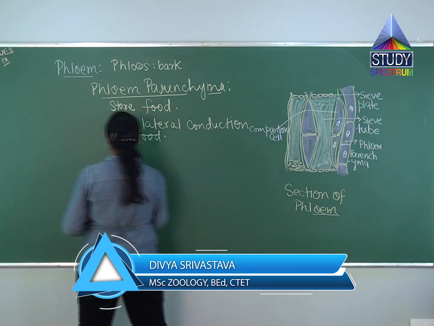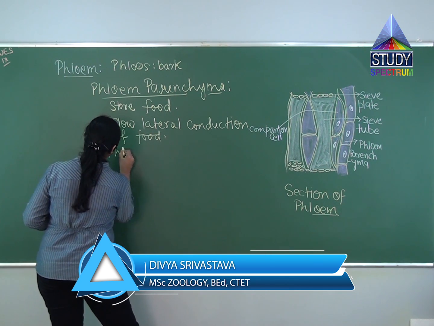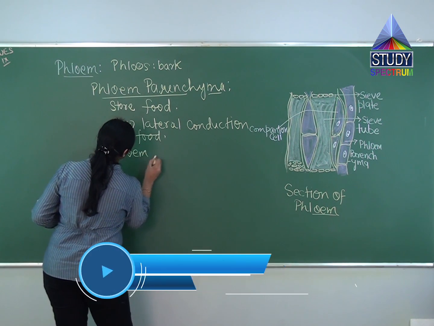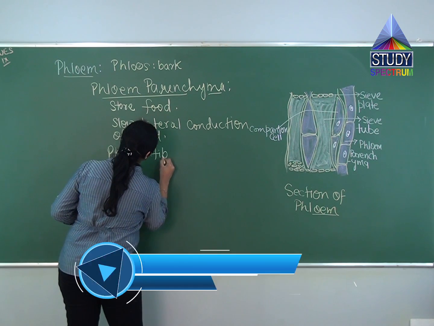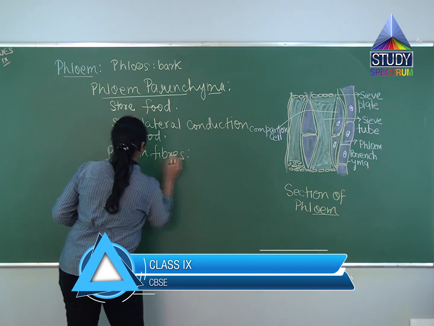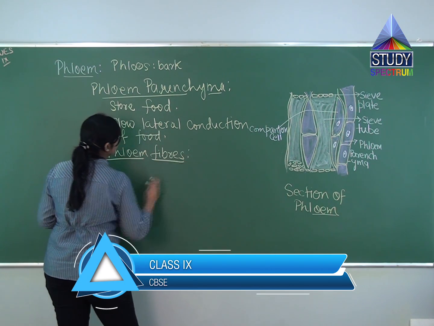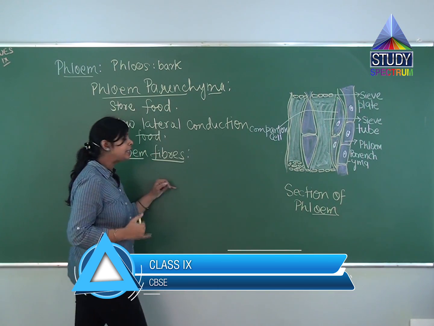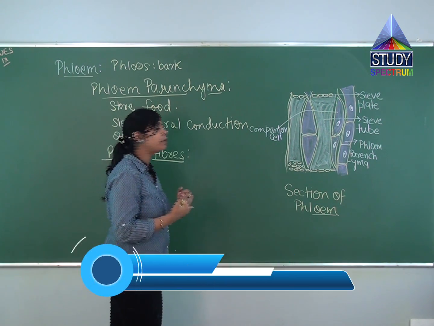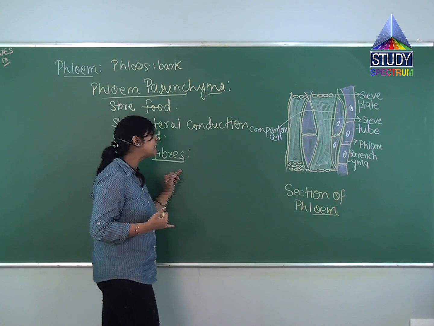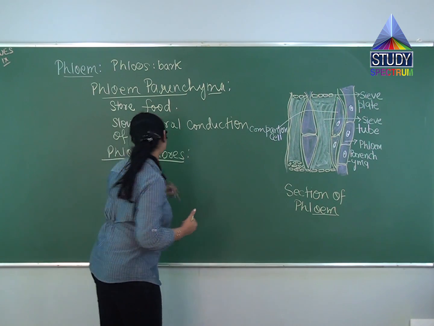Now phloem fibers. As we have seen, all the cells of phloem parenchyma are living cells except the phloem fiber.